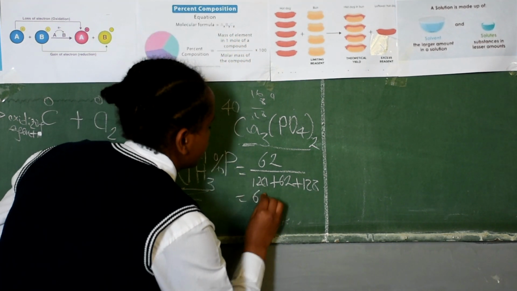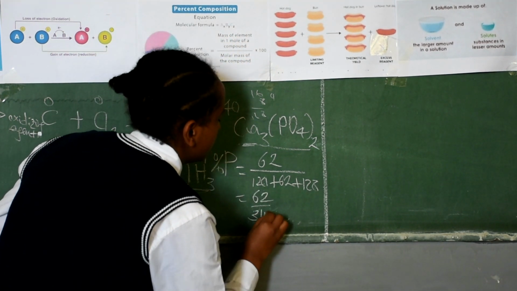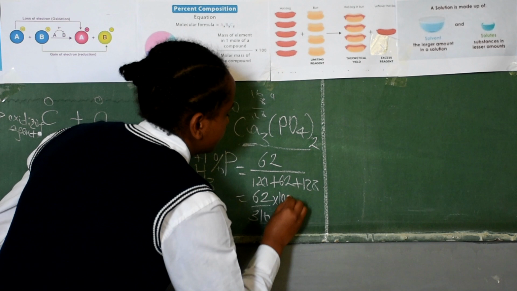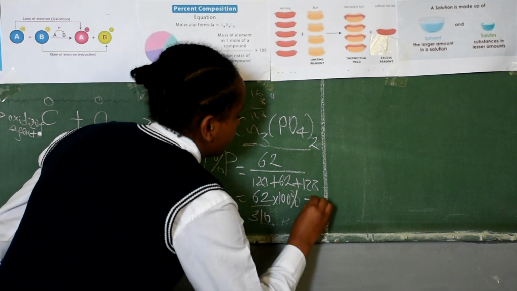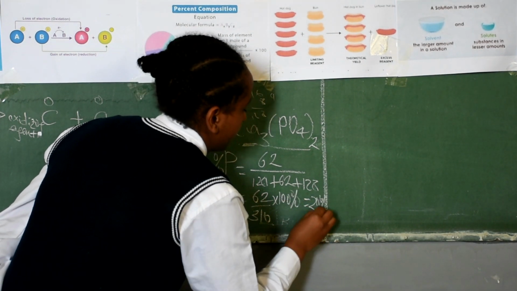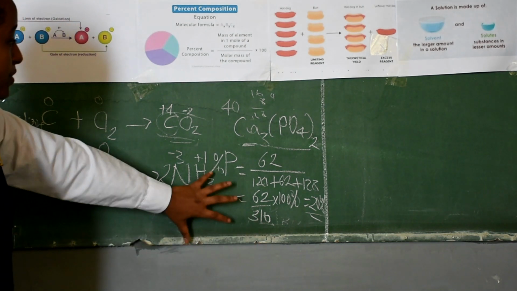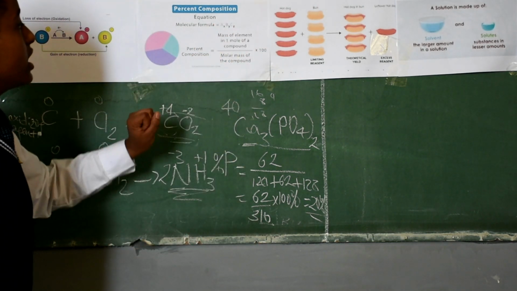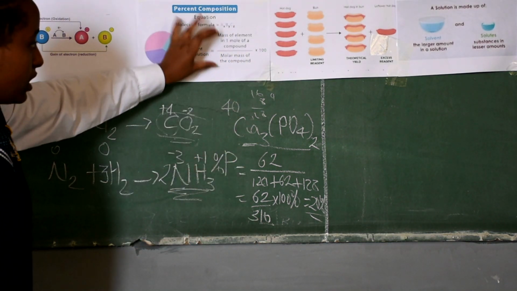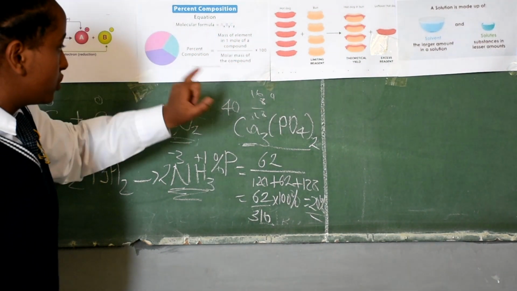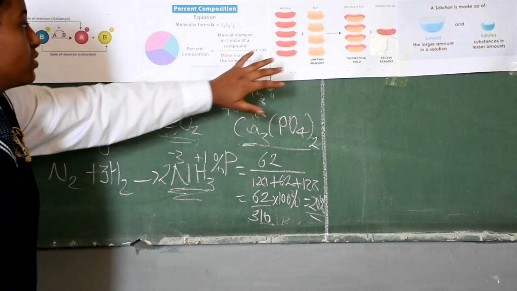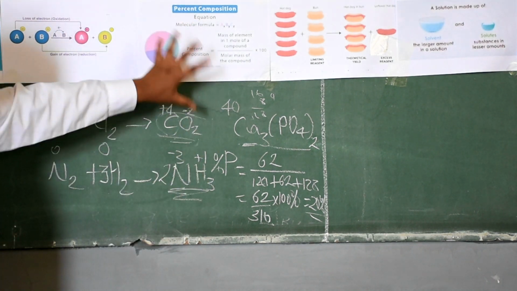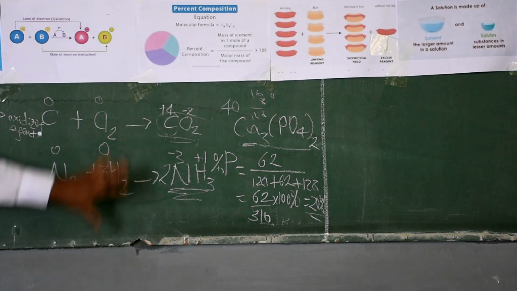So this would result in 62 over 310 times 100%, which will give us 20% or something like that. So we can find the percentage composition of any element in a compound by using this formula: the mass of the element in 1 mole of a compound divided by the molar mass of the compound times 100%. So this is all about the percentage composition of an element in a compound.